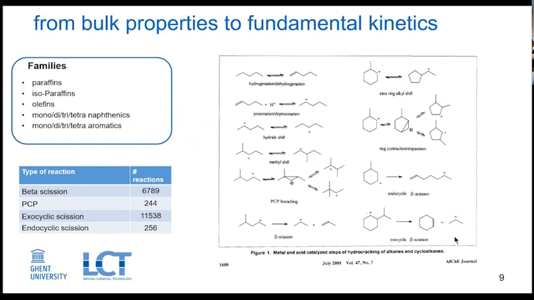It's very important to notice that there is a huge amount of reactions considered in the stoichiometric matrix, in the order of thousands for some cases, such as beta scission or exocyclic beta scission. Some few thousands of reactions are taken into account.